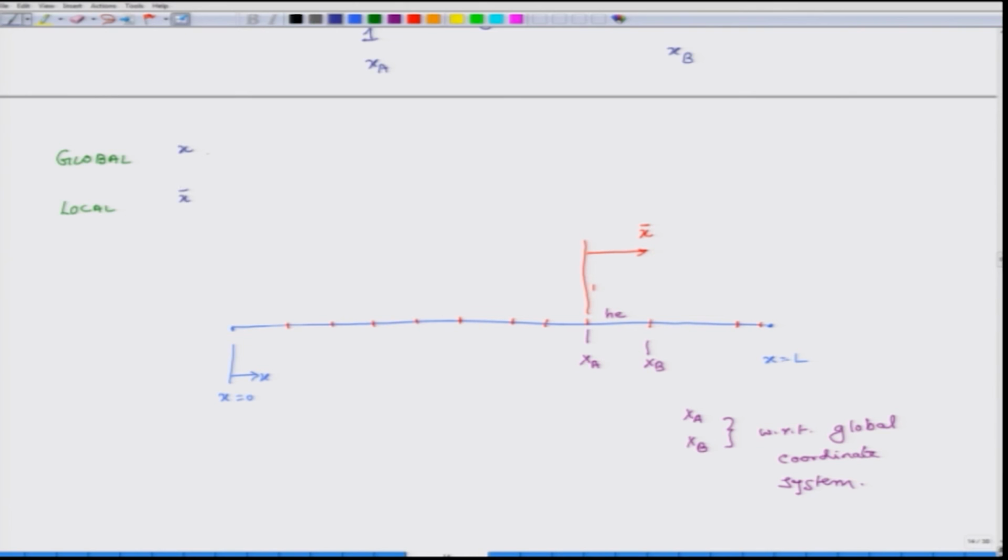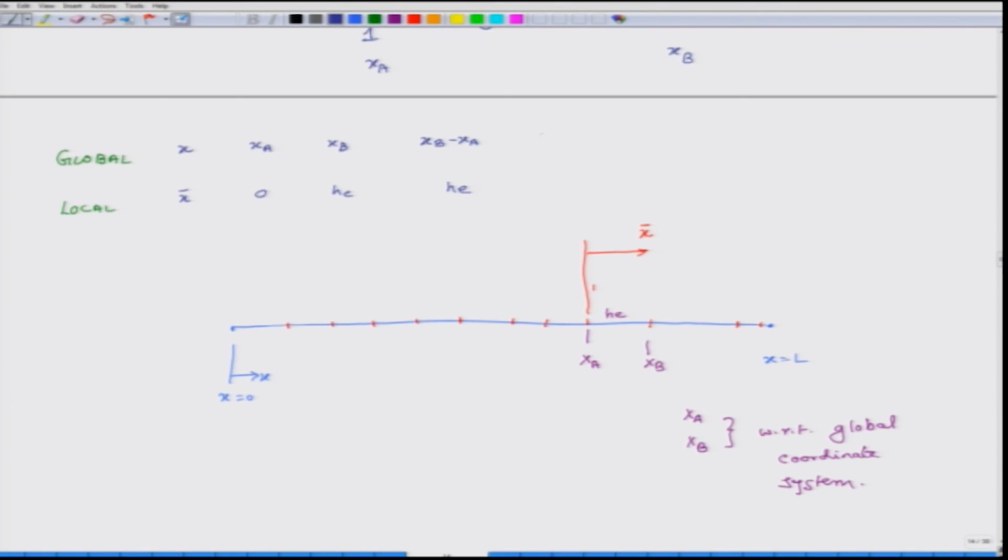In my global coordinate system, when x is equal to x A, in my local coordinate system x bar is equal to 0. In my global coordinate system, when x is equal to x B, locally it is h e. Also, x B minus x A equals h e.